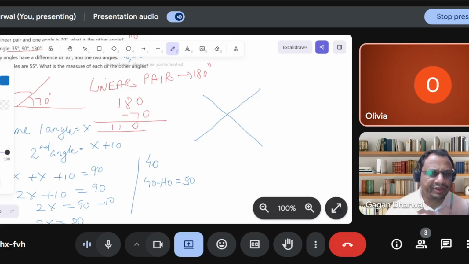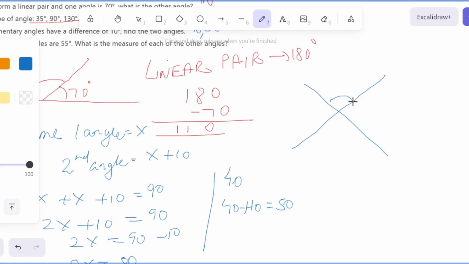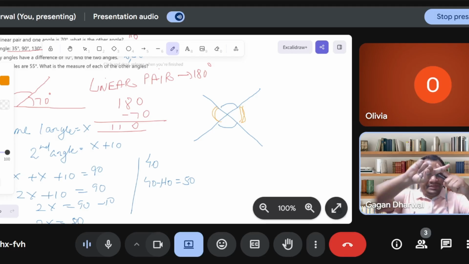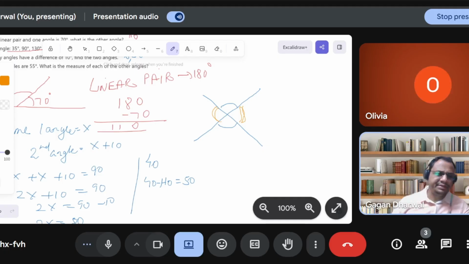Okay. Now here these are vertically opposite angles. These are vertically opposite angles, the blue and the yellow. The vertically opposite angles are formed when two lines intersect each other, right?